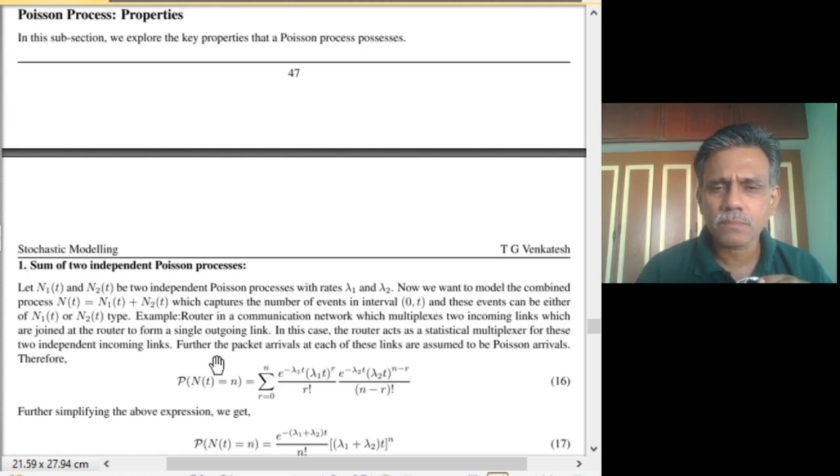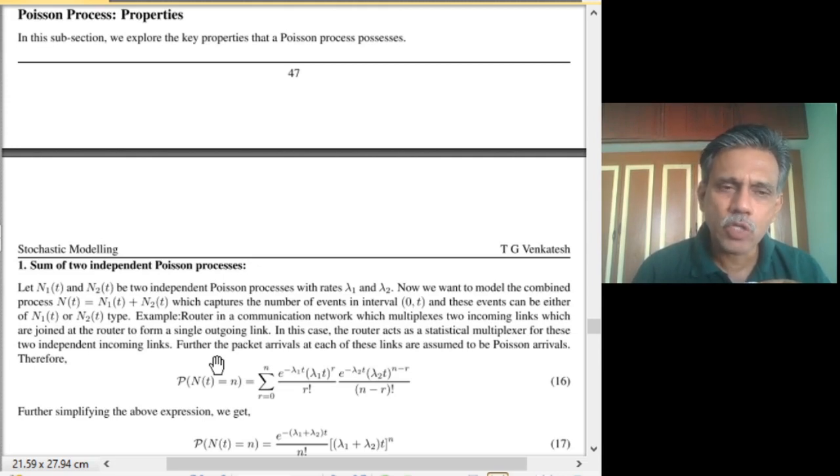Number one, it is basically a counting process, because here we count the number of arrivals that take place. It has to be non-negative and it cannot decrease, it can only remain the same or increase. So it is a counting process.